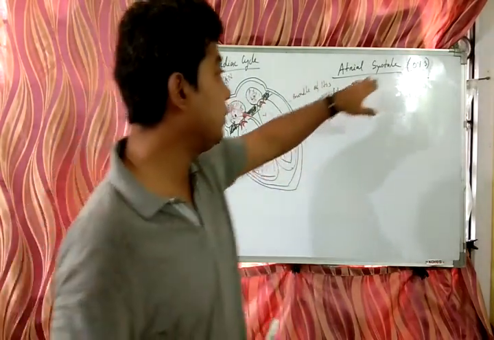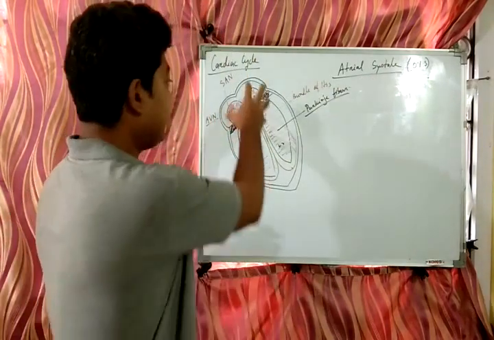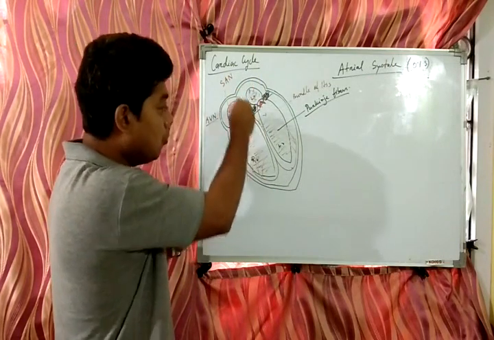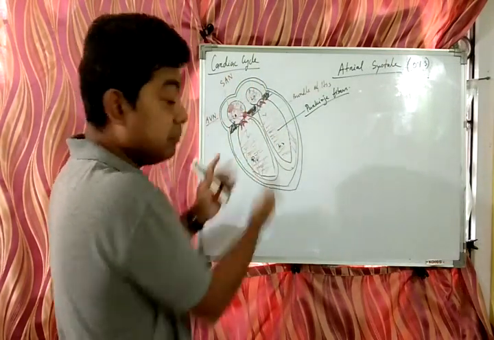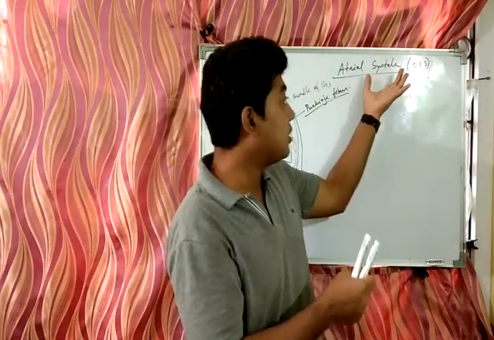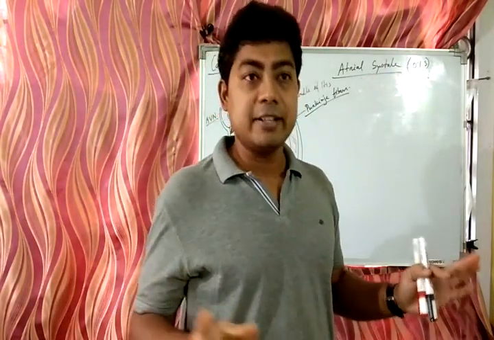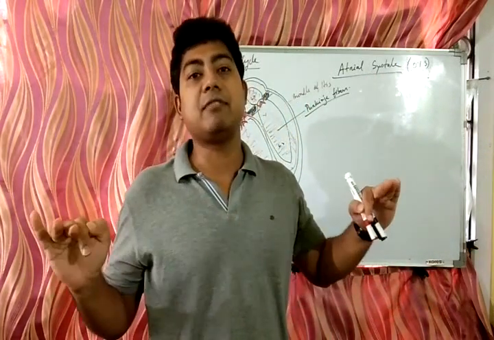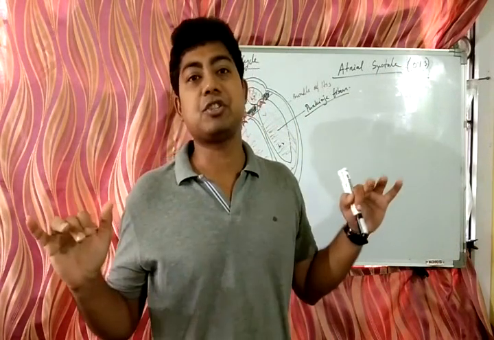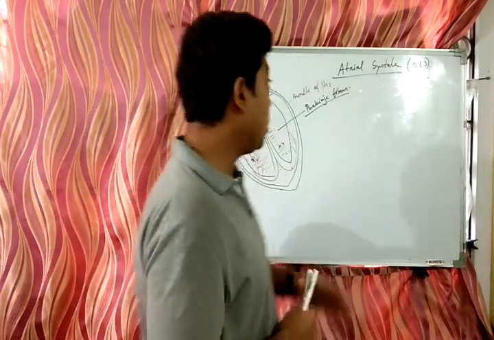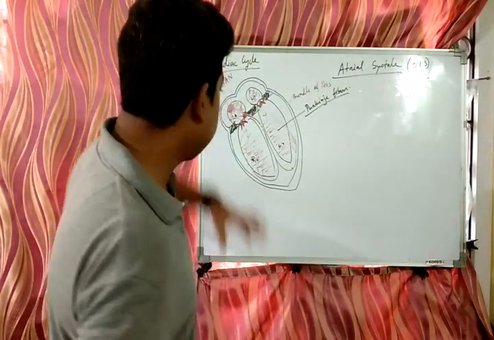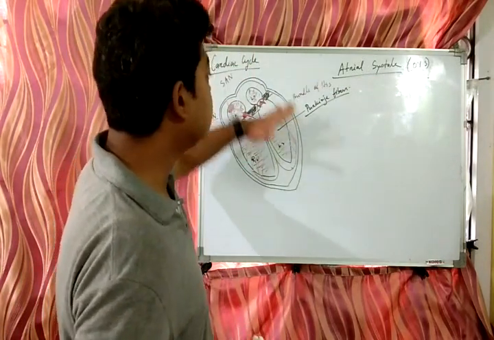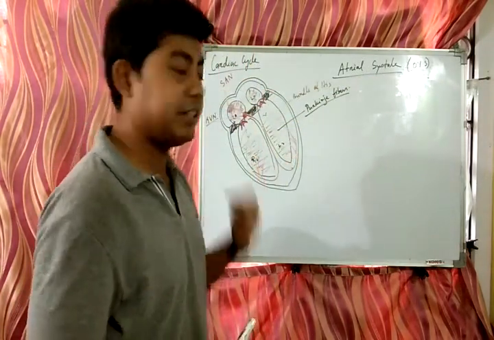So during atrial systole, when it gives pressure, the blood moves to the ventricle. But before that, before atrial systole, the right and left ventricles have already filled almost 70% during joint diastole. So when atrial systole occurs, it gives pressure and fills the other 30% of the ventricle.